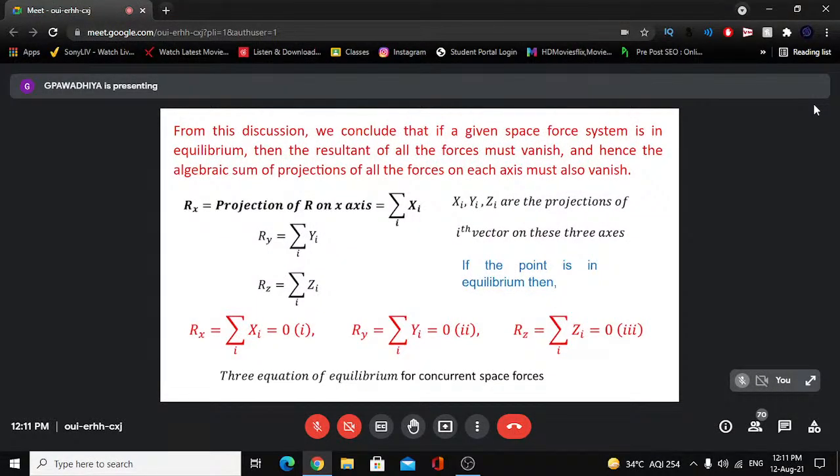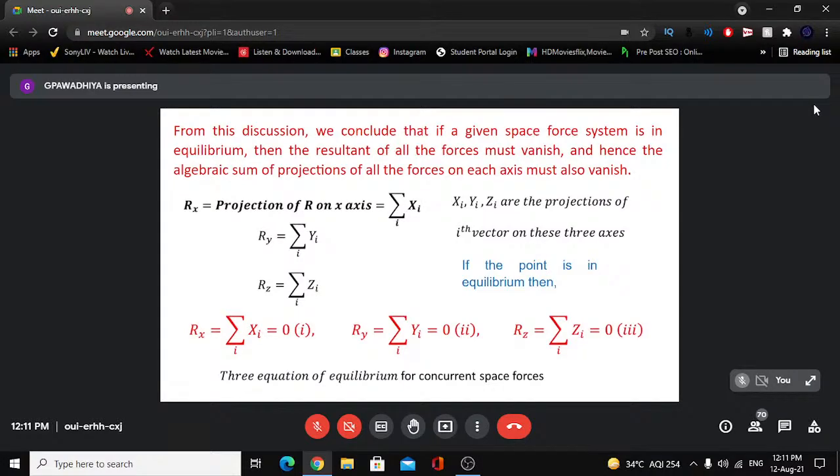As we discussed earlier, 3D vectors we can write as its x projection Rx i, Ry j, Rz k. And suppose n number of forces are acting at a point in the space coordinates, then each vector we can represent as say Xi i plus Yi j plus Zi k, where I have used a variable capital X, capital Y, capital Z, and a subscript i has been used to denote the ith force vector.